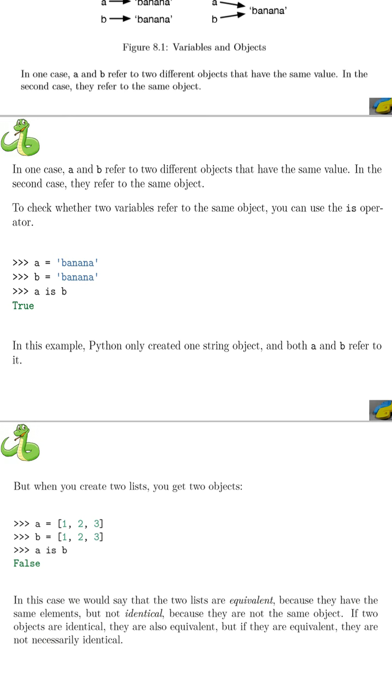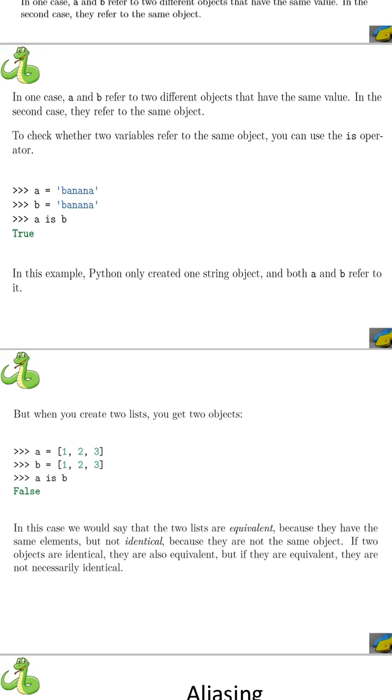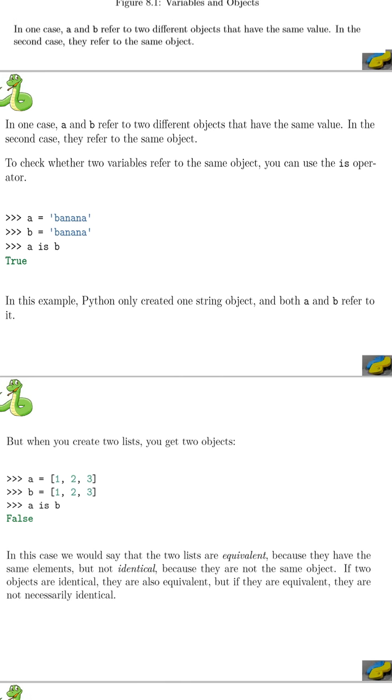Then using the is operator, we will check whether A and B are the same. If I say A is B, if both A and B refer to the same object, then it returns true, otherwise it returns false. In the above example, we are assuming that both A and B refer to the same object with value banana, hence we are seeing true in the output console.